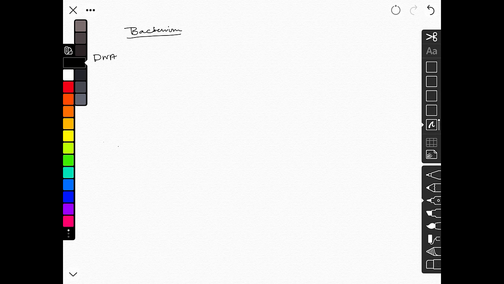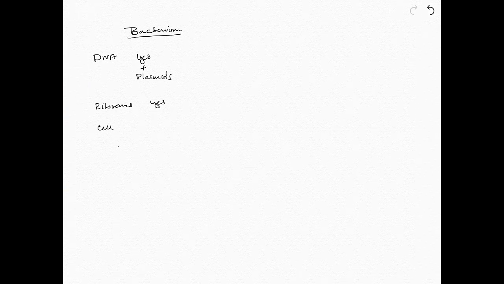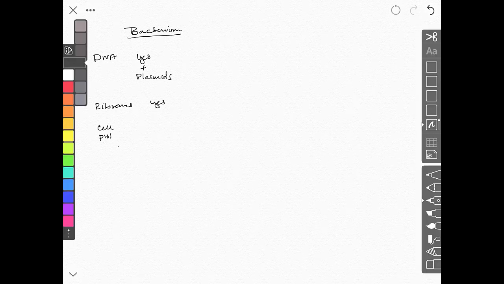Okay, so I added a little chart here, and what I want to show you is that when we look at the bacteria and we think about the genetic material, bacteria have DNA, and then they also have those plasmids. And those plasmids are a little more stable, and they don't have to be transcribed with the rest of the genome. So they're kind of cool because they can give the bacteria additional functions without all the muss and fuss. In order to do that, bacteria also need ribosomes, which they have.